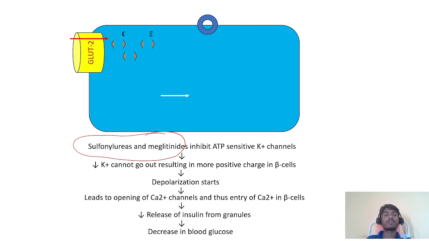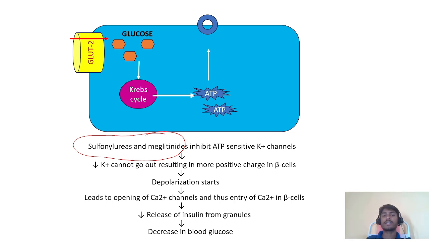Through this GLUT2 receptor, glucose can enter the cell. If glucose enters, it goes into the Krebs cycle, then what will happen? ATP is synthesized. Once ATP is synthesized, it will go and bind to the potassium channels.